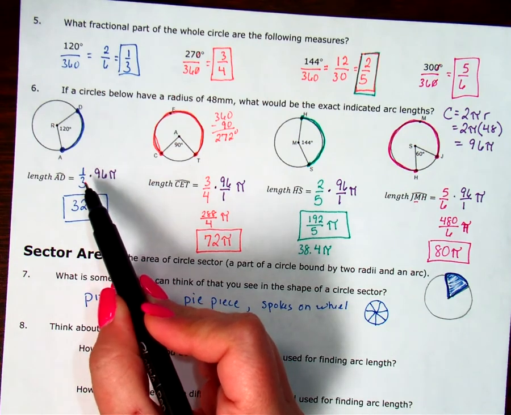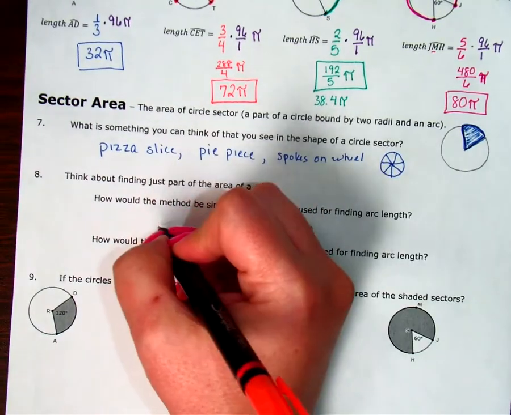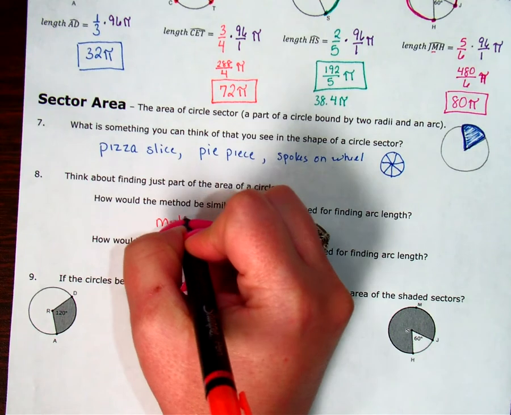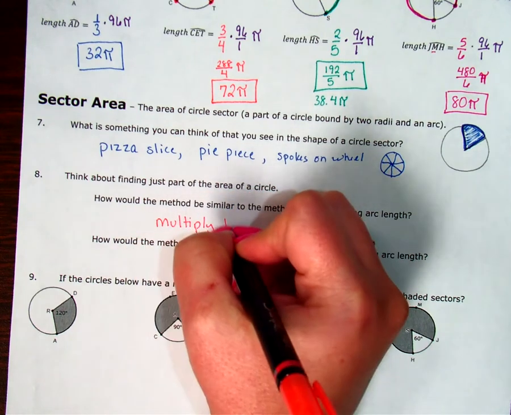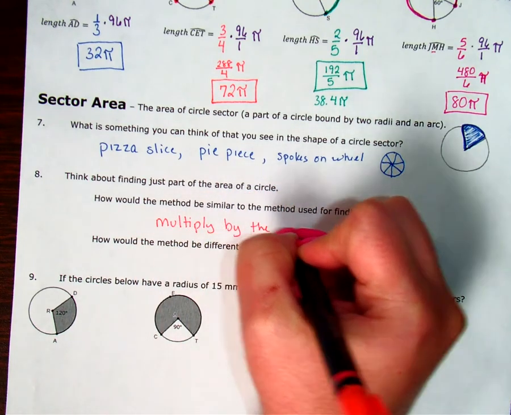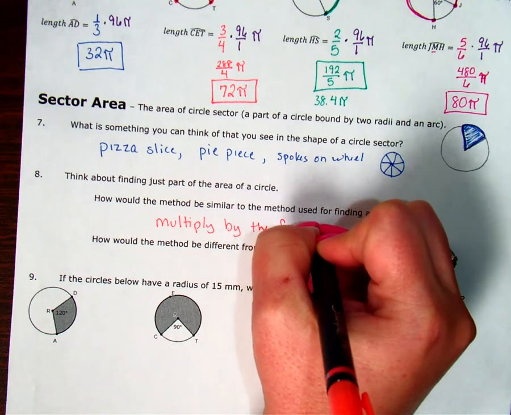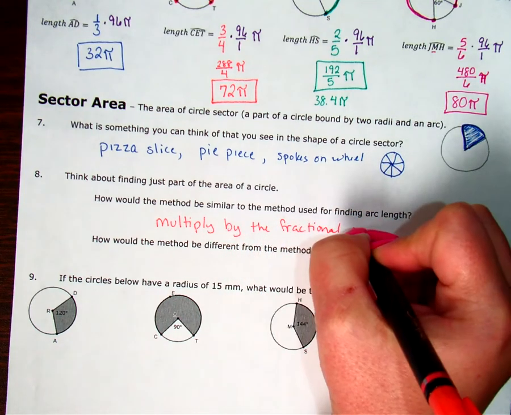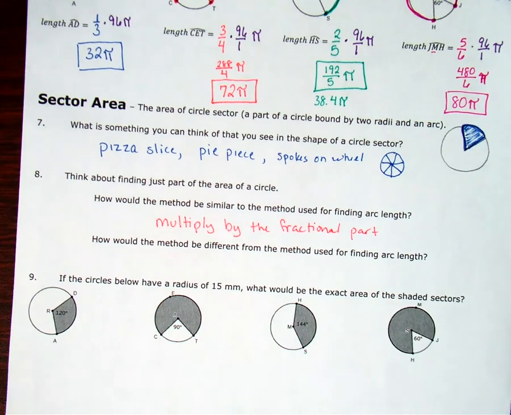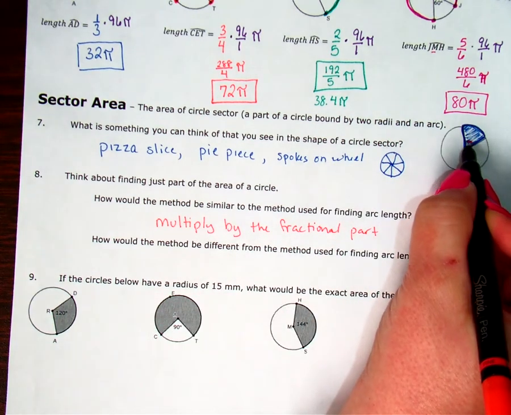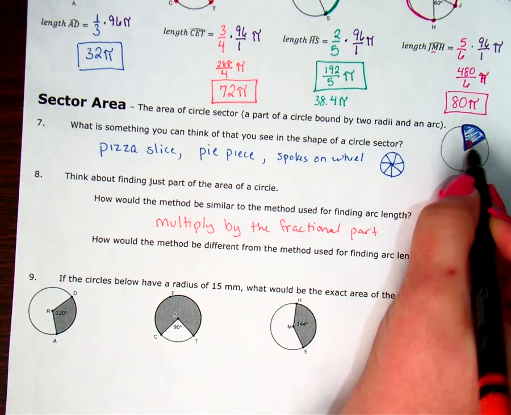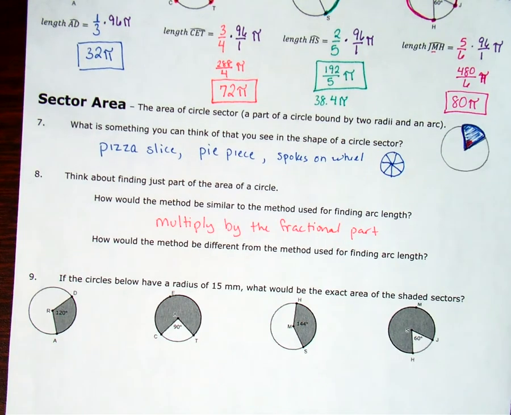We're going to do that same thing here. We're still going to be multiplying by the fractional part, because we don't want to go all the way around. We only want to go however big this angle here is.